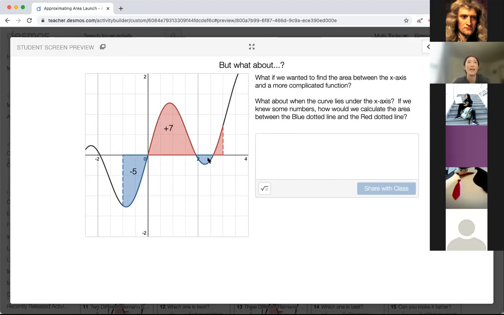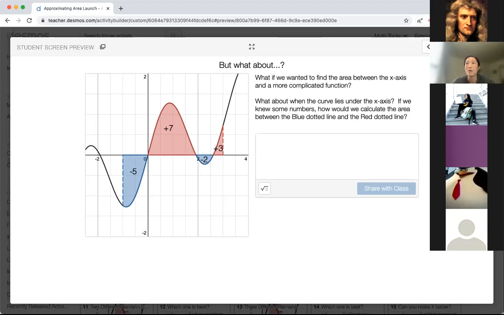All right. And let's give this small blue bump a number as well. What number might we give to this small blue bump? Love it. Excellent. All right, and let's do one more. What could we put on this little red sort of triangle-y thing? Maybe a +3. Cool. So we've got -5, +7, -2, +3, all right?